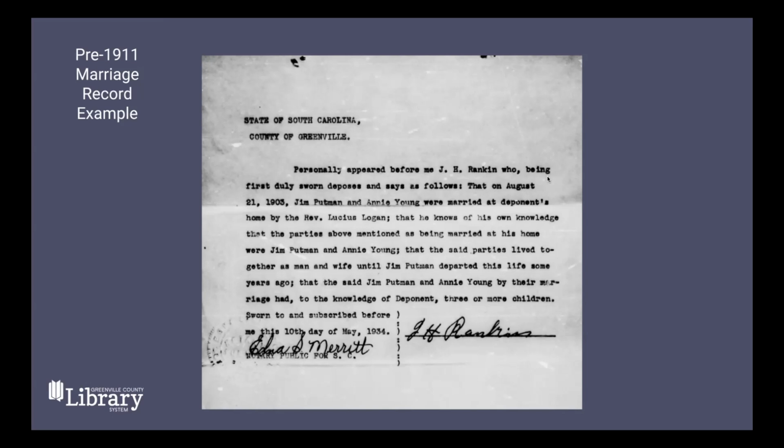And this is sworn that they were indeed married on August 21st, 1903. You may think, well, why do people need to get a marriage certificate or a birth certificate after the fact? Well, a lot of times, once Social Security came around, people needed to show birth records to get that. Just like any time today that you need to show your marriage certificate or your birth certificate to get a passport or whatnot.